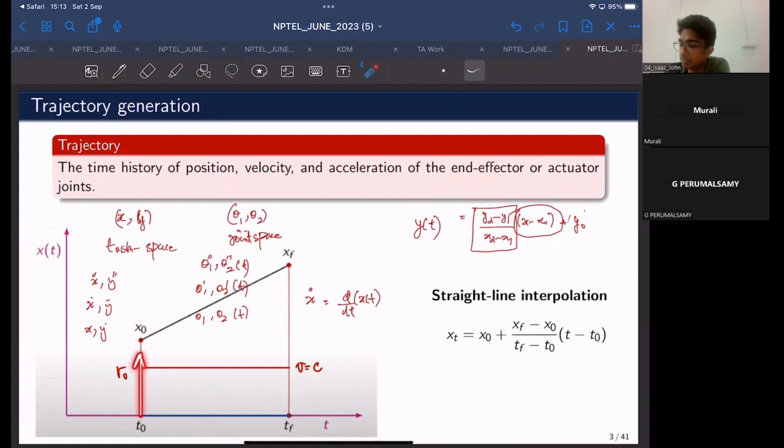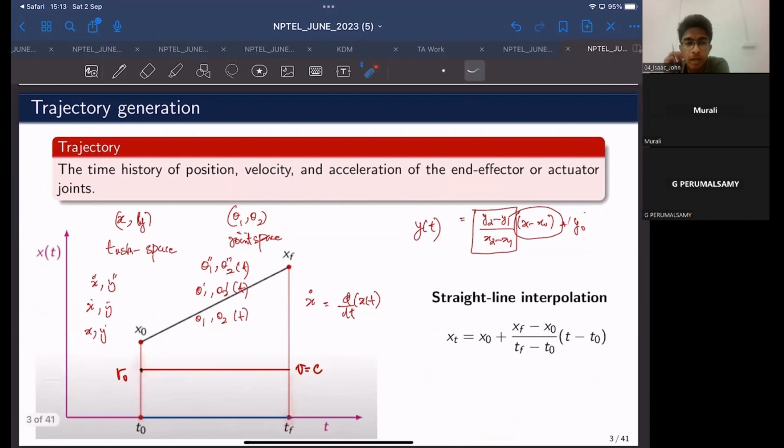You wouldn't want theoretically infinite accelerations at specific points on a robot for obvious reasons, because the motion of a robot would be very jerky, and it might not be good for the actuators either. That is generally not preferred, so that is why we generally don't go with straight line interpolation trajectory planning.